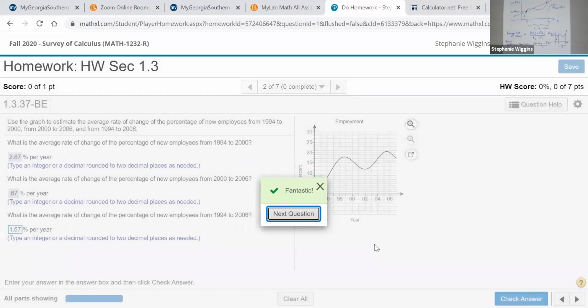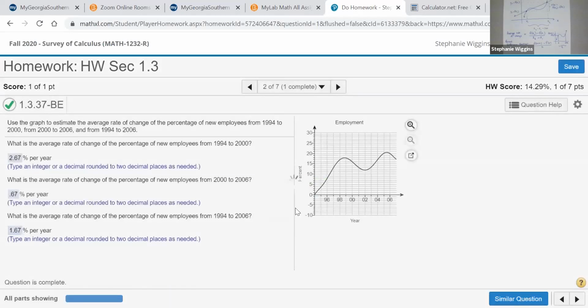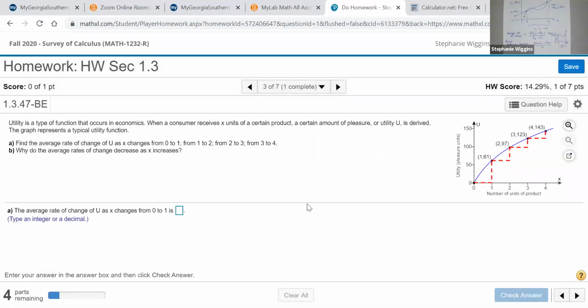Okay, let's see what the other questions are like. So here again, we're calculating the average rate of change. Notice that the change from this point to this point is only 1 for the x-axis. It moves from 0 to 1, then it goes from 1 to 2, and it goes from 2 to 3.